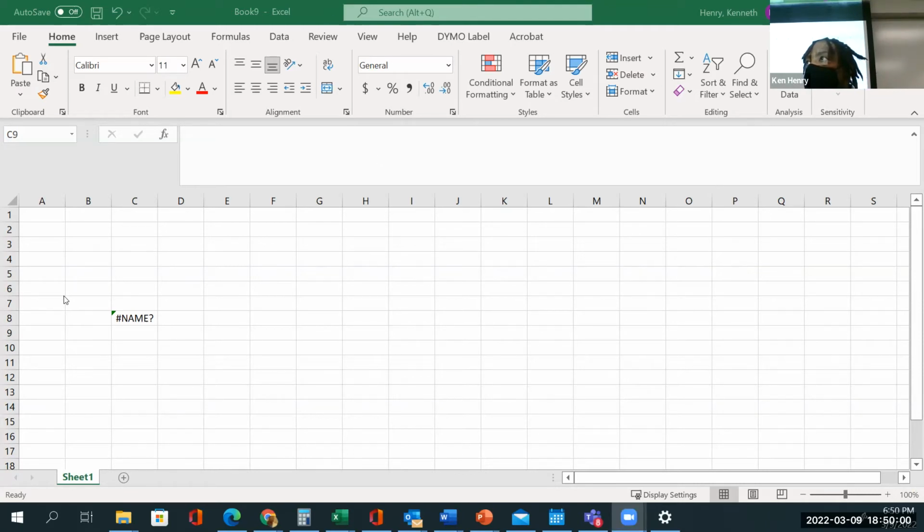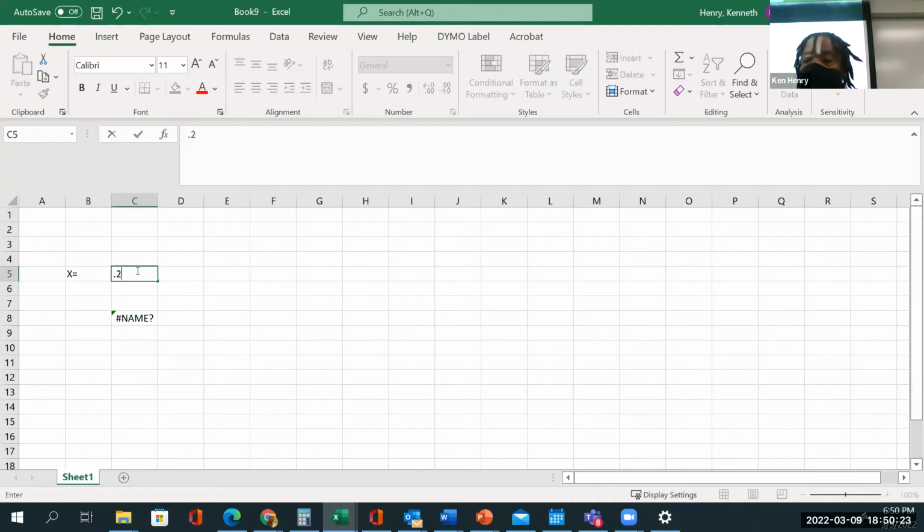I'm going to say x equals, and the value we're going to start at is 0.20, because that's our starting point.